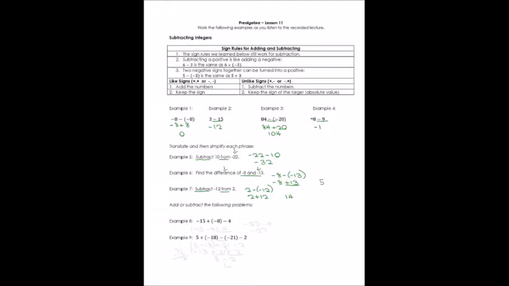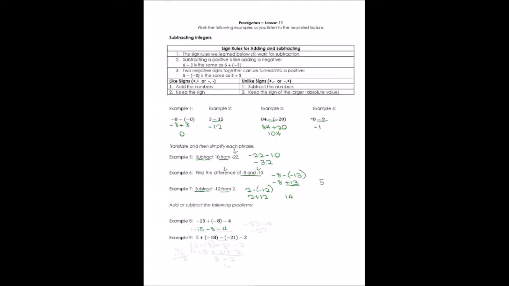Let's do some adding and subtracting with more than two terms now. When the numbers are all added and subtracted, what you really want to do is just work on two numbers at a time. Now let's take example 8, and let's fix the value so that you can see it could be written a different way. We could say negative 15 minus 8 minus 4, because when I have two signs right there together, just separated by parentheses, I can really fix that if I want to.